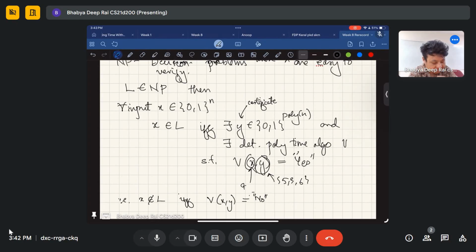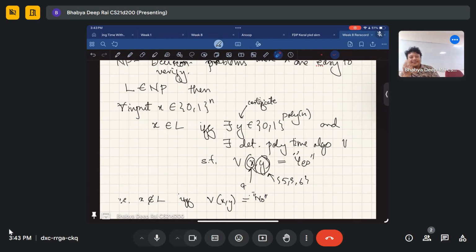But this does not immediately give us a polynomial time algorithm, because who will give us the certificate? The algorithm is guaranteed if it is in NP, but who will give us the certificate? That is a problem. One solution is to go across all possible Ys and check whether each is a certificate or not. If it is, the verifier will say yes, and therefore you will say X is in the language.